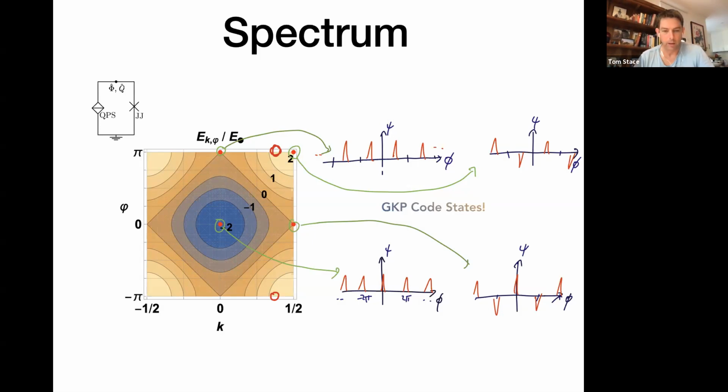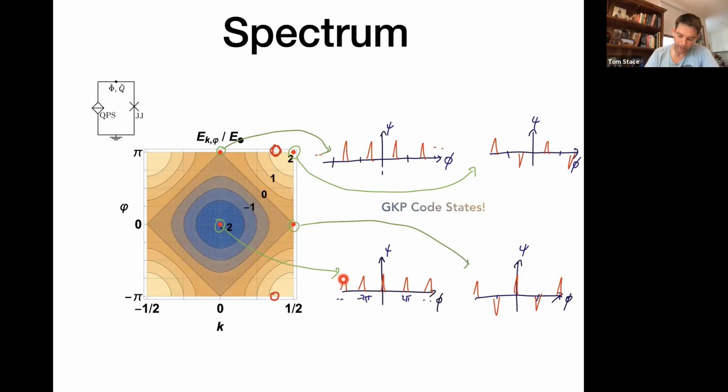But for each of these four red dots that I've marked, they're critical points on this spectrum where the gradient of the spectrum with respect to k and phi both vanish, are states that I can represent as eigenfunctions in either the phase or the charge basis, and I've chosen to represent them in the phase basis.